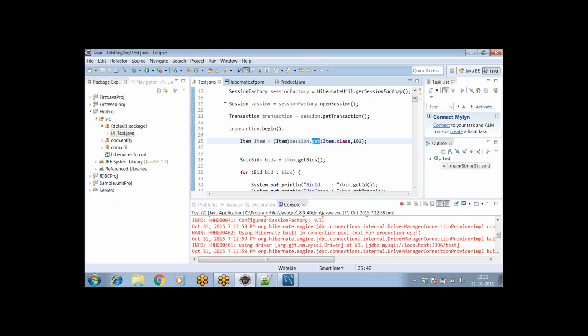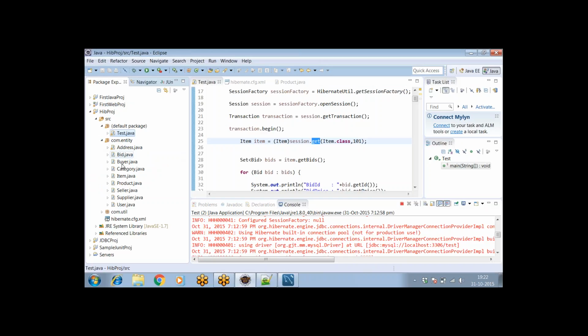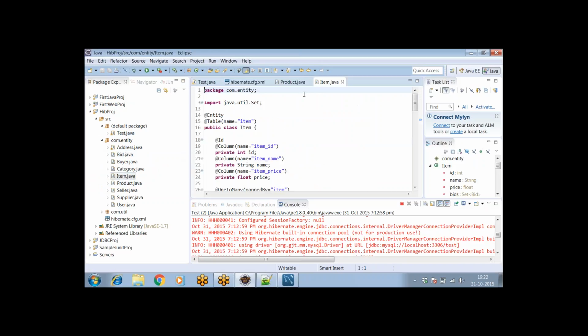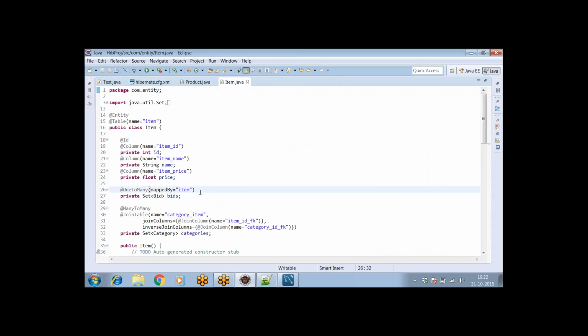So what you need to do is go to the item class. You see, you have this bits reference here, right? You have got a bit reference here.